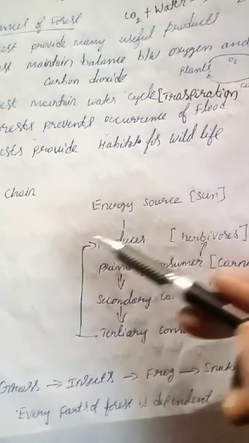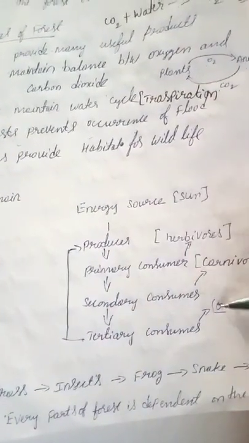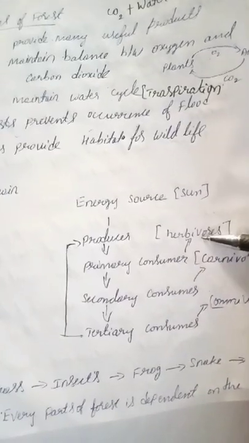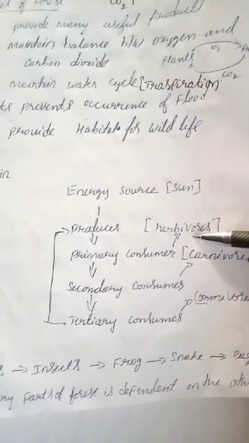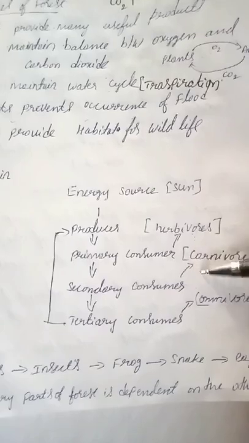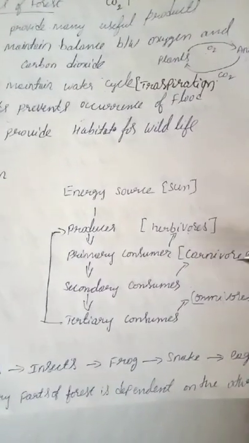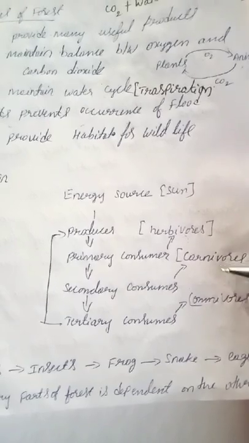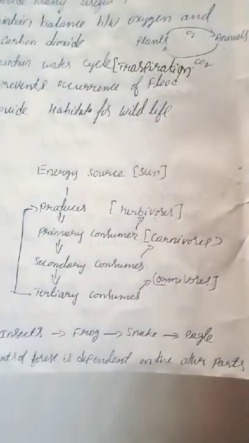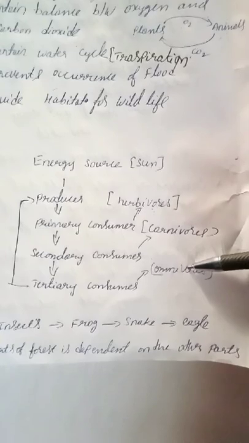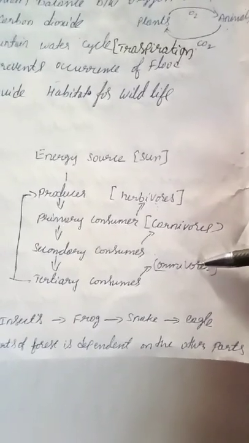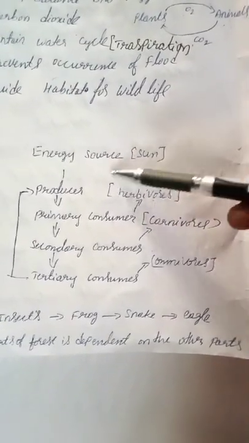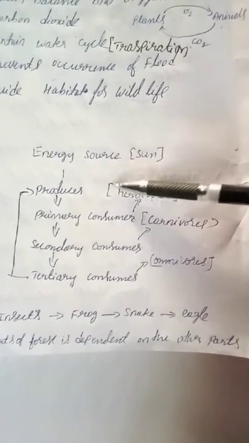Then we have herbivores, carnivores and omnivores. Herbivores eat only plant products, carnivores eat animals, flesh and meat. Omnivores eat both plants and flesh, right?